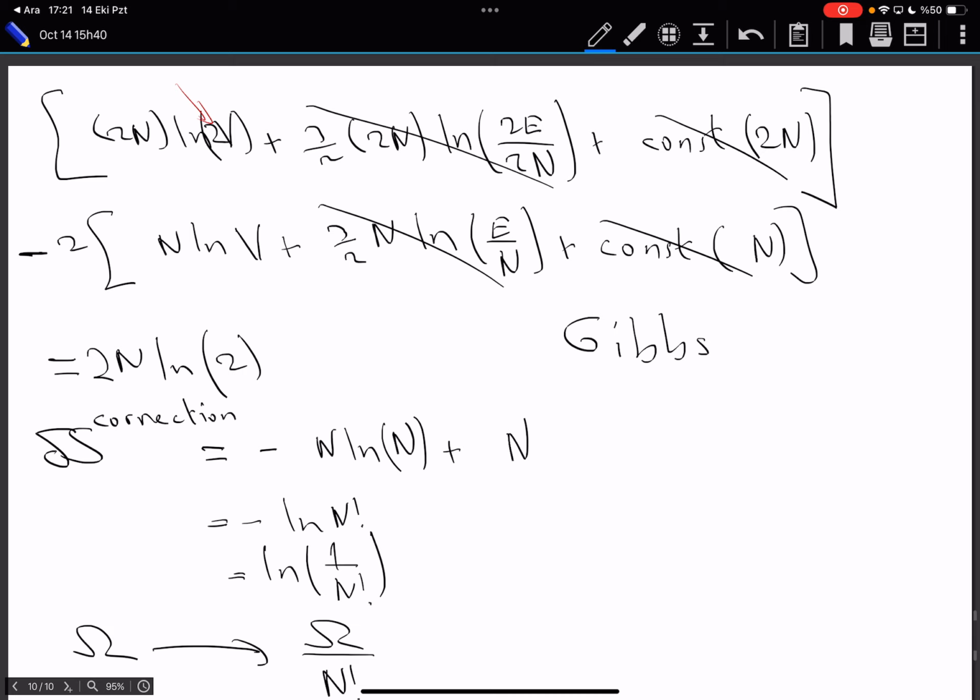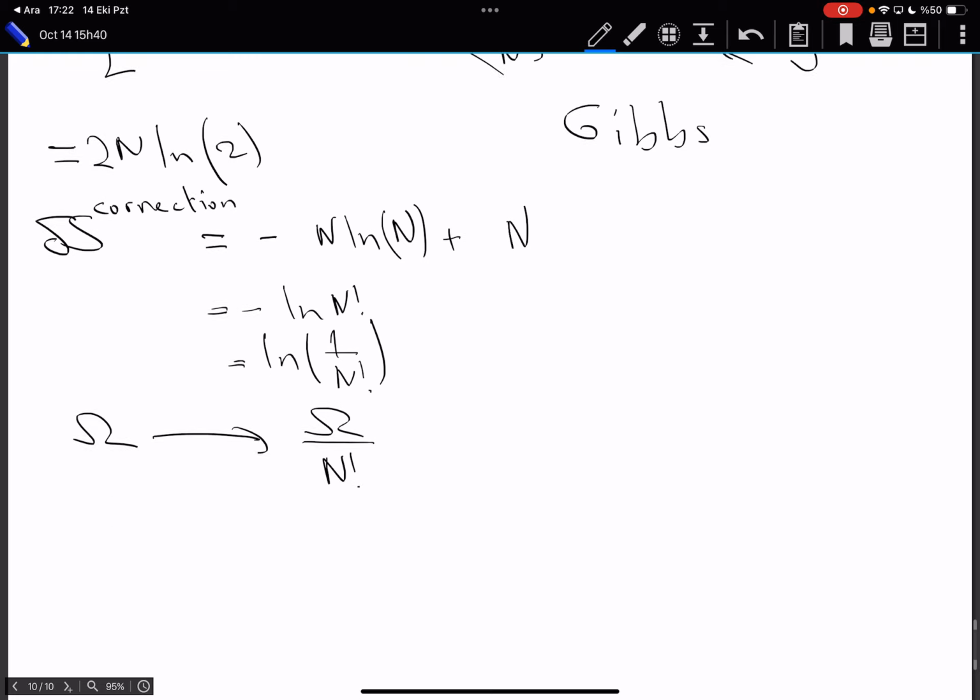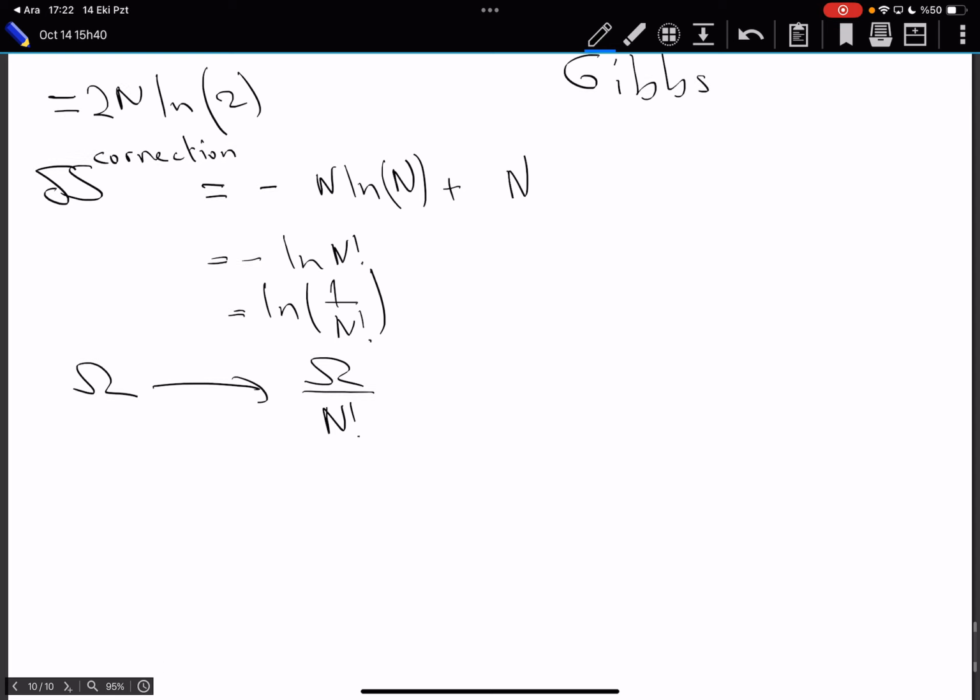That is what classical physics tells me. Quantum mechanics tells me that, no, you cannot do that. If they are identical particles, whether they are here or here, if you exchange them, nothing changes. They are exactly the same microstate. So shuffling identical particles around does not give us any new microstate. That is why, at least an approximate correction to this overcounting problem is just dividing by n factorial.